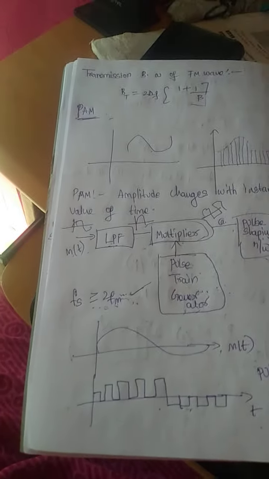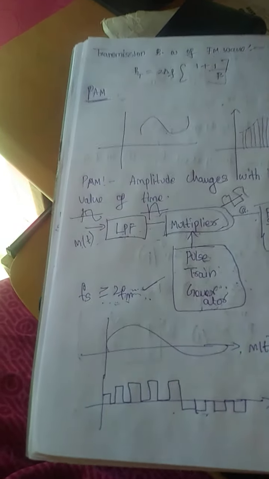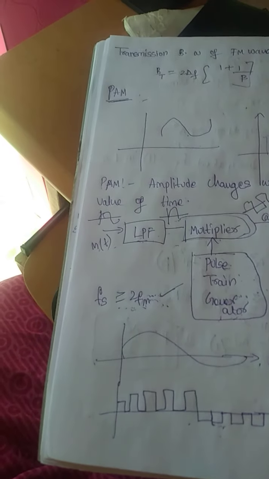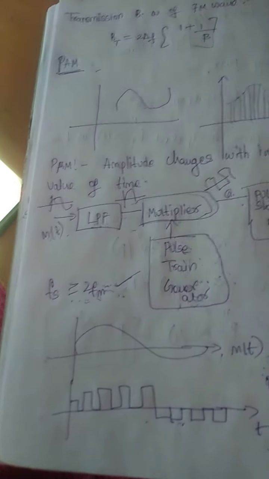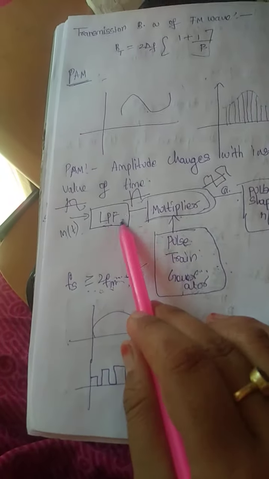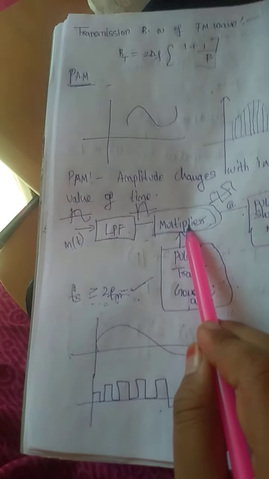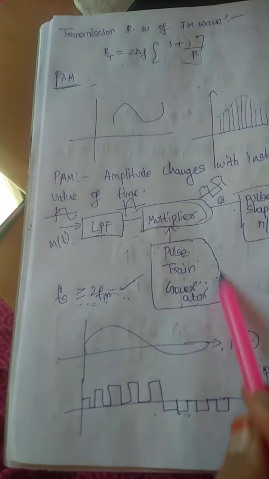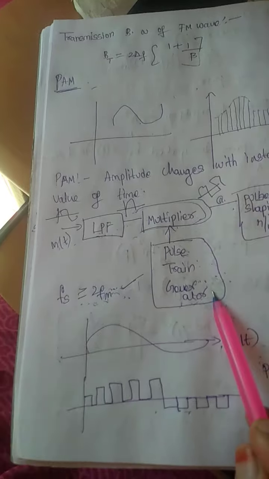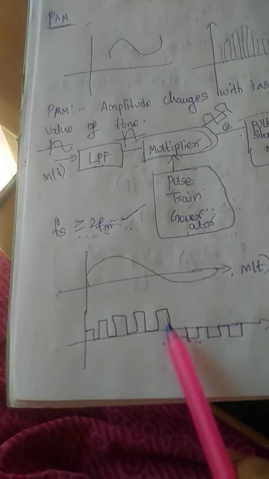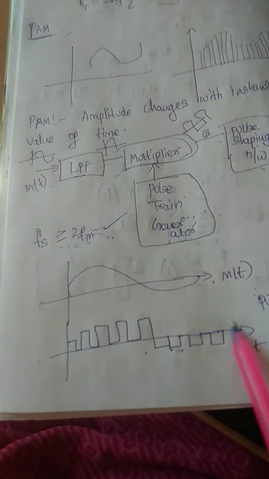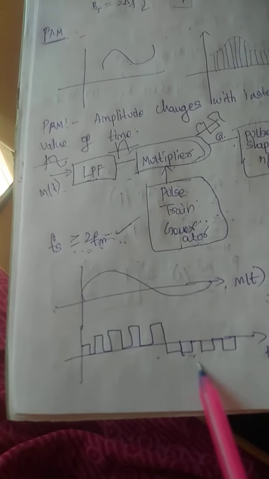Okay, so we are using a low pass filter, through which we send only low frequency signals, and we stop the high frequency signals. Once the signal passes through the low pass filter, it goes to a multiplier, where we again have a pulse train generator, which gives continuous pulses.